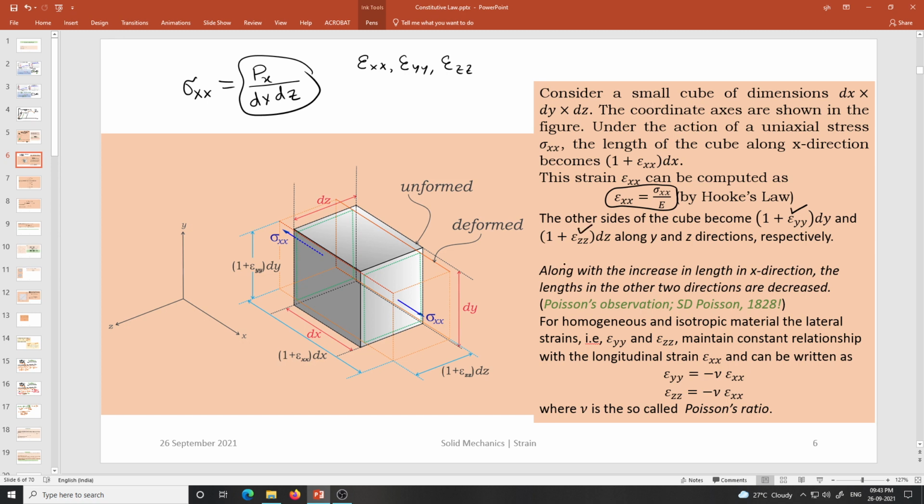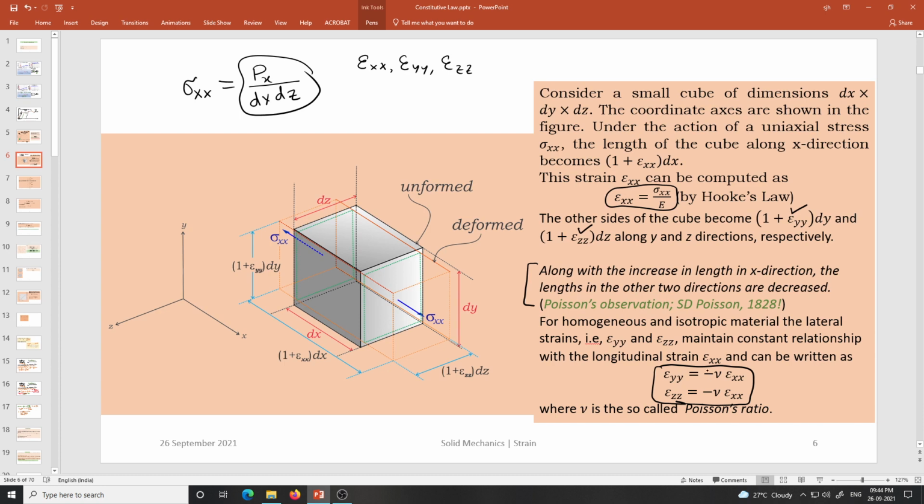For this problem, there was a proposition by S.D. Poisson in 1828, who proposed that epsilon yy and epsilon zz in this case would be dependent on epsilon xx, and the dependency is shown here. The ratio between the lateral direct strain and the longitudinal direct strain is constant, and the constant value is minus nu.